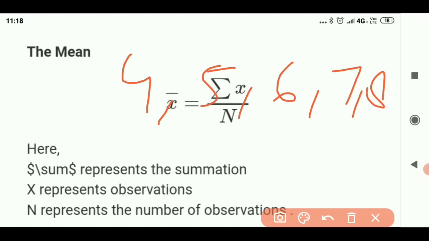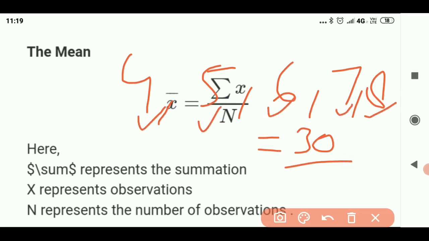First find out the sum. 4 plus 5 is 9, 9 plus 6 is 15, 15 plus 7 is 22, and 22 plus 8 is 30. So I have 30, and what is the number of values? 1, 2, 3, 4, 5, so 5, right? 30 divided by 5 is 6. So it means that the mean value is 6.